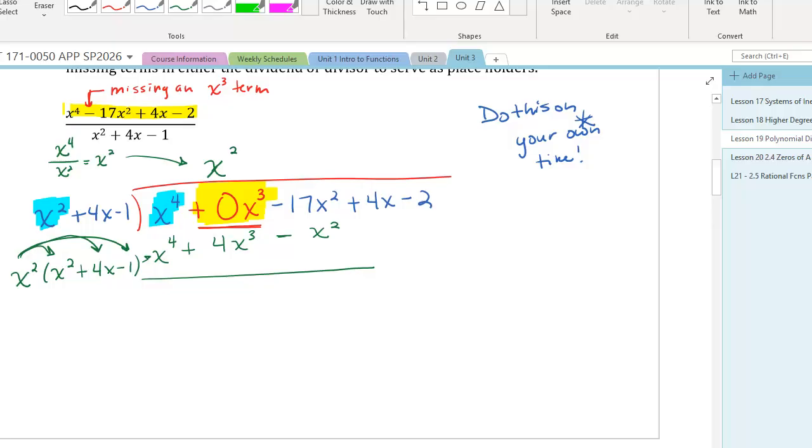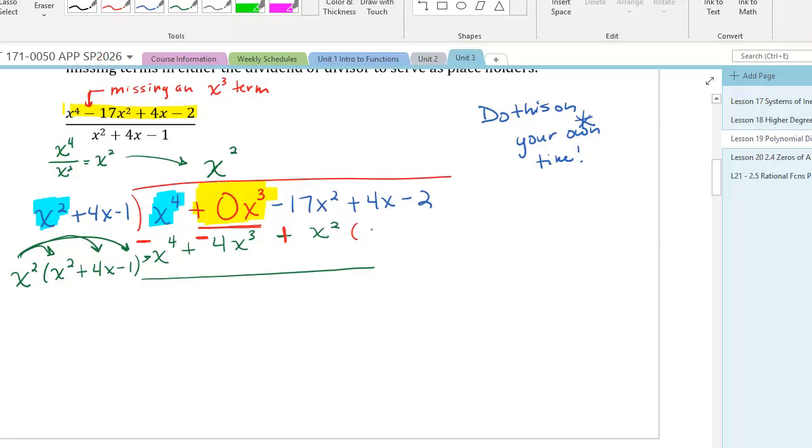All right, the next step when you divide is to subtract. And remember, the way to do that is to change all the signs. So x to the fourth becomes negative x to the fourth. Plus 4x cubed, well, that becomes a negative 4x cubed. And the minus x squared becomes a positive.